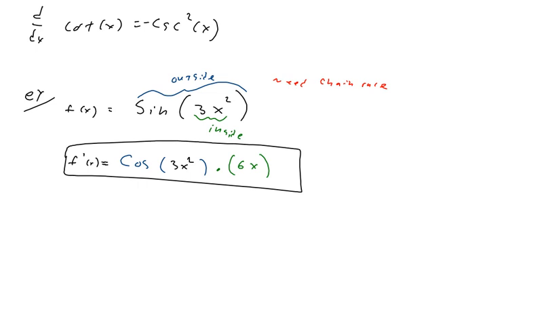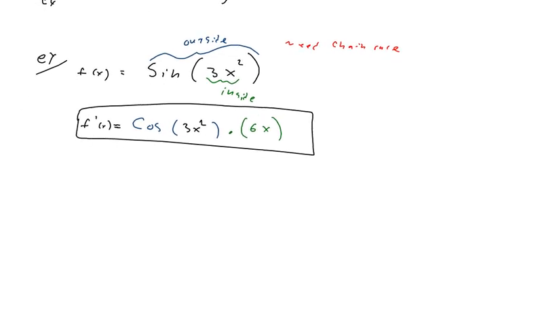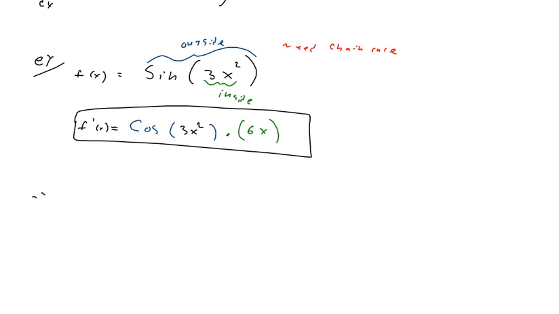What if my function was cosecant of, cosecant of 3 minus 5x, squared. How do I do this?